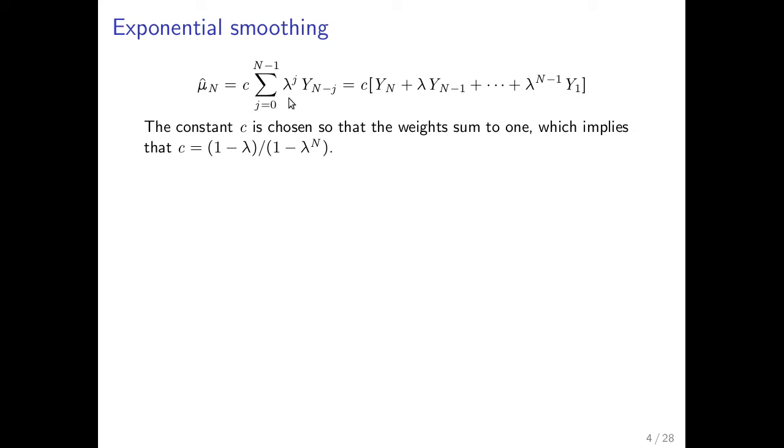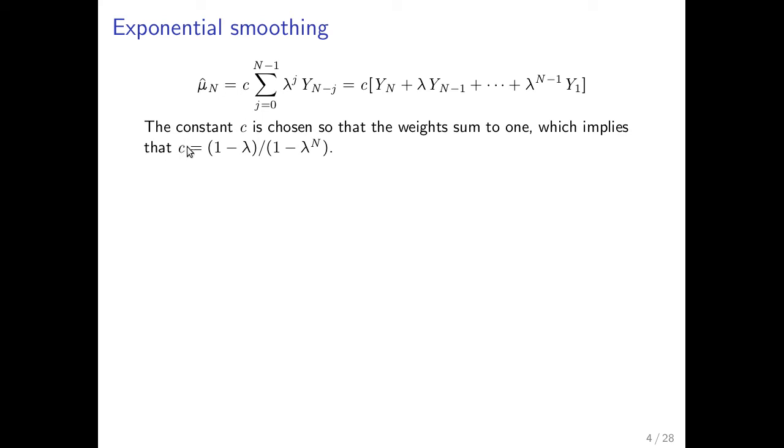You take lambda to some power, and the power is how many steps backwards in time you go. Then you define the constant such that the sum of the weights equals 1. So you have just made a weighted average.